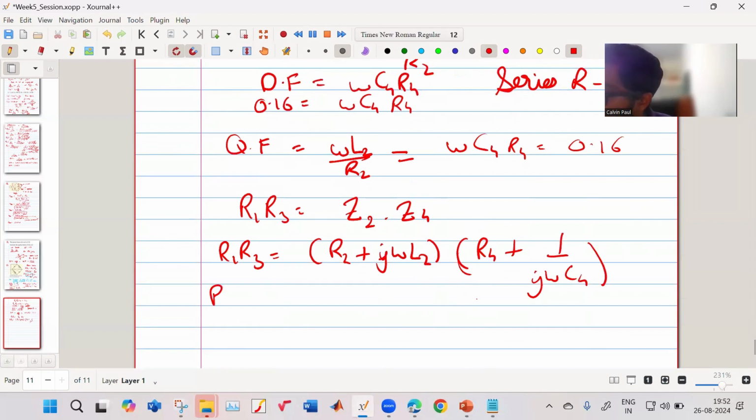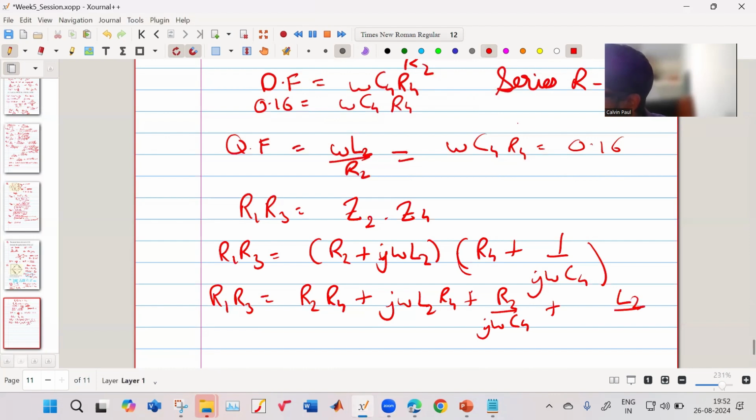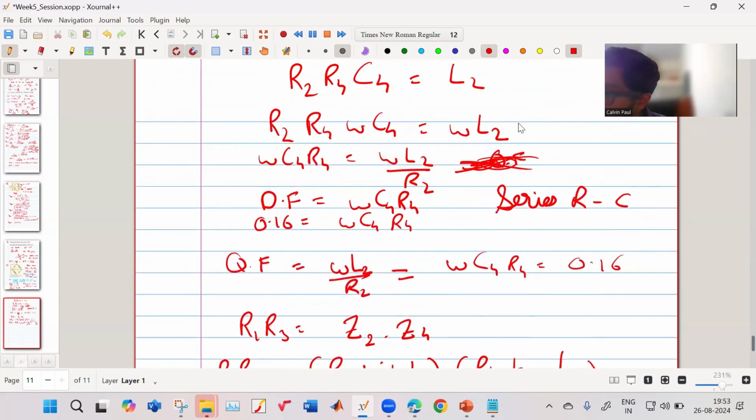So it is R1 into R3 is equal to R2 into R4 plus j omega L2 R4 plus R2 upon j omega C4 plus L2 upon C4.